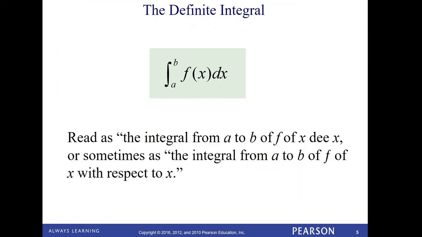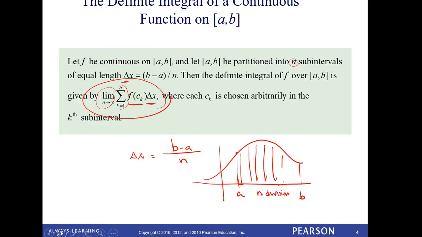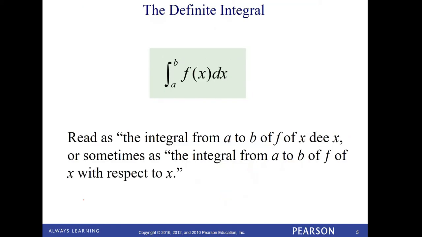And then we have our integral notation. This is read as the integral from a to b of f of x dx, or sometimes as the integral from a to b of f of x with respect to x. So we have our sum notation as the limit of an infinite number of rectangles, and we have our integral notation.